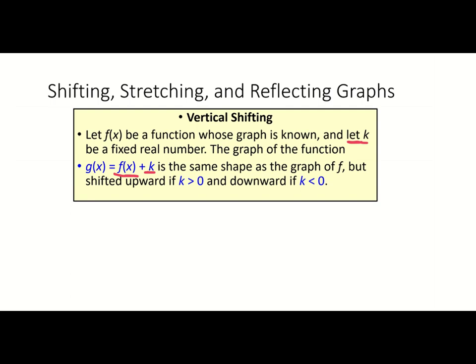If you add a number, and this is just like it looks, it will be shifted upward, so it will go up. If you subtract a number, it will go down. It'll shift down on the graph. There's no tricks to the k value. Also, it's added outside of the original x value. You'll see in the next slide how it's different.